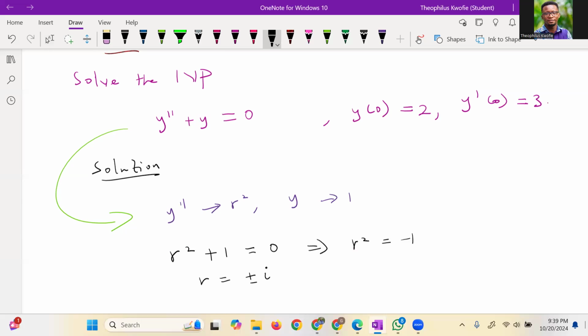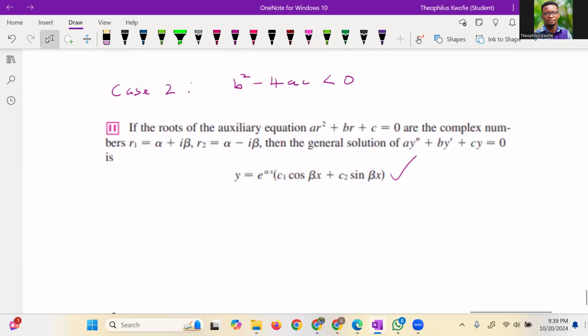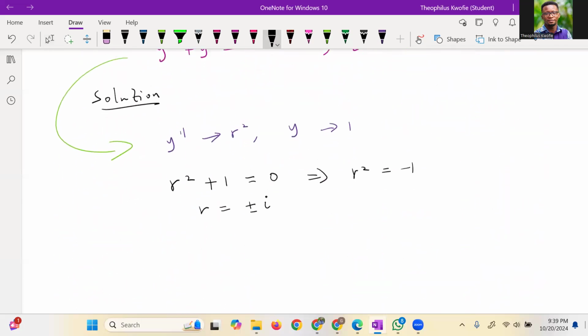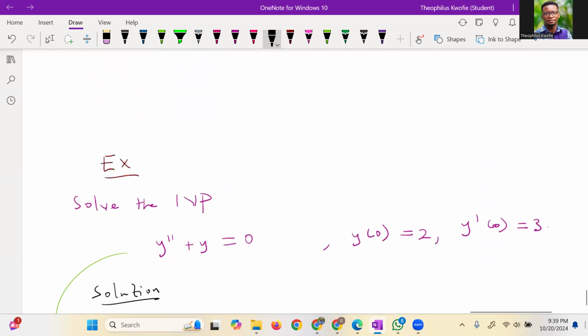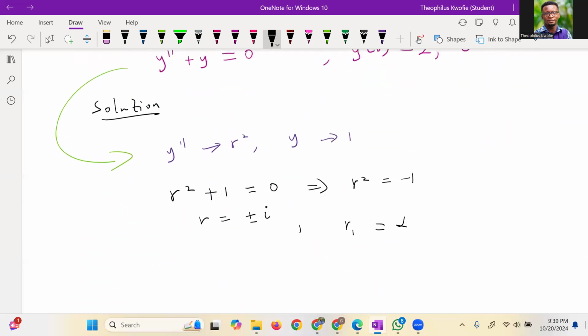But remember, based on the theorem, if it is complex, it means that your R1 can be written as alpha plus i beta, and then R2 equal to alpha minus i beta, okay?